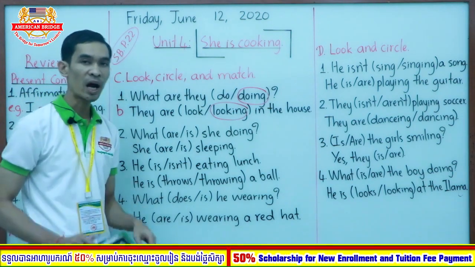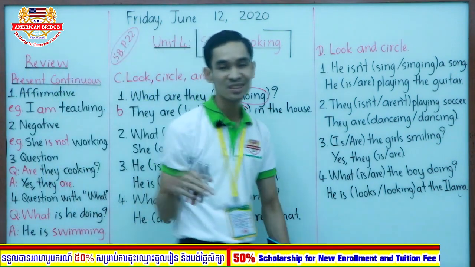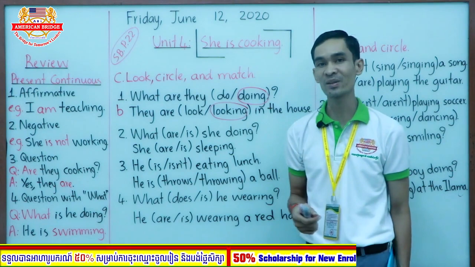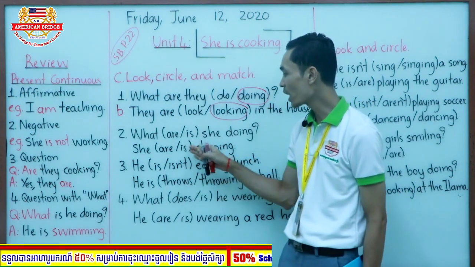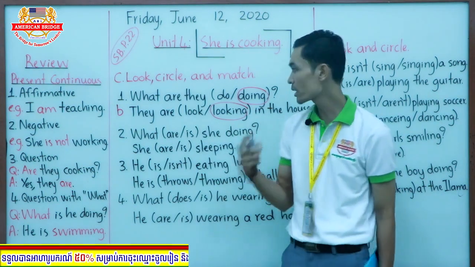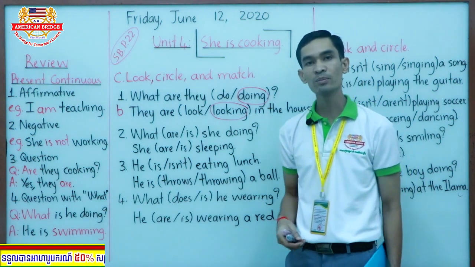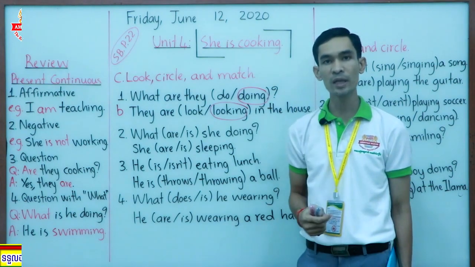Okay, so now after reading this, maybe you can understand or you can choose the correct answer already, right? Okay, and you have to choose one of them. There are 2, right? Are or is, but you choose only one. Circle only one. Okay, so now I give you a minute to complete this. You can do it now.